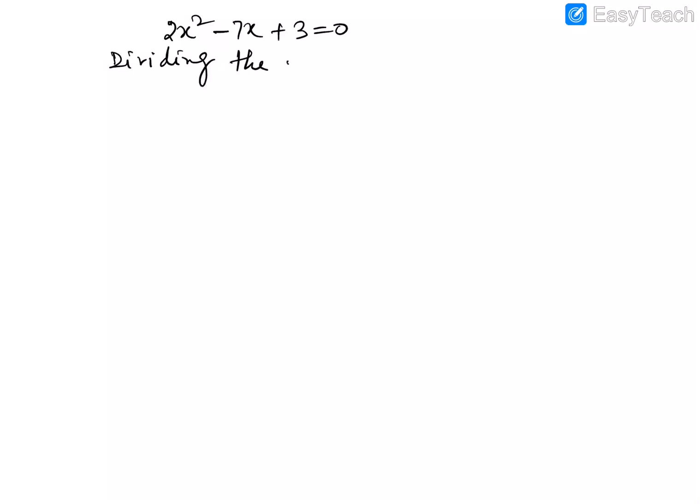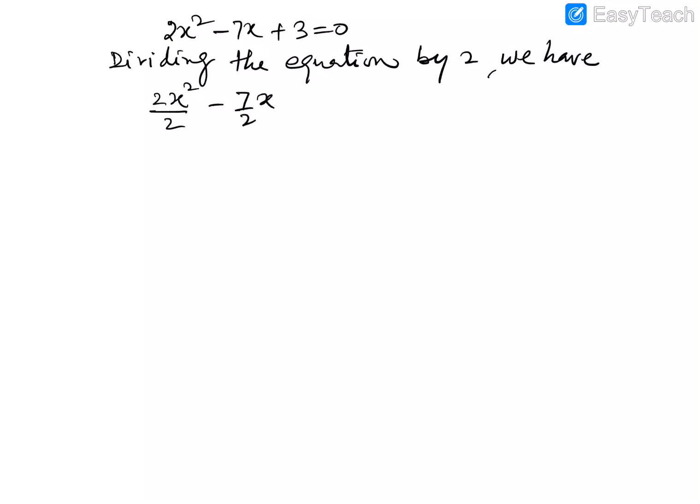Dividing the equation by 2, we have, so this gives x square minus 7 by 2x plus 3 by 2 is equal to 0.